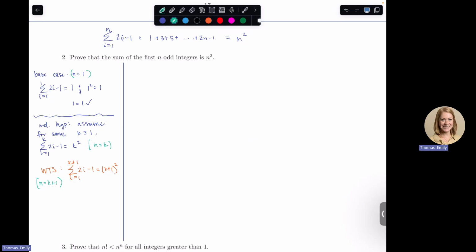Okay, are we good to start writing a proof? Yes, maybe. We will prove by induction that the summation from i equals 1 to n of 2i minus 1 is equal to n squared.